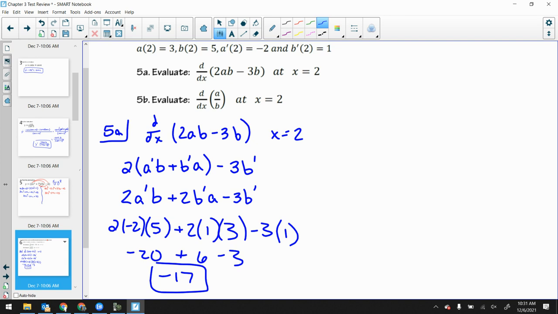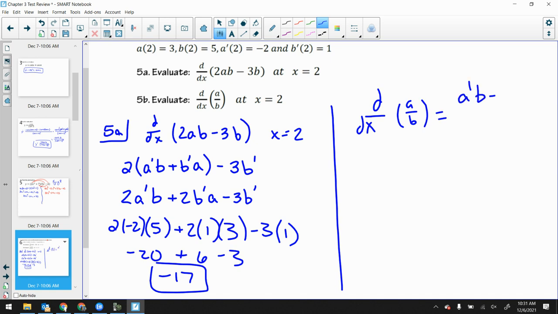Same thing for 5b. I want to find d over dx of a over b, which is essentially just a prime b minus b prime a, all over b squared, right? Well, a prime, again, was negative 2. B is 5.